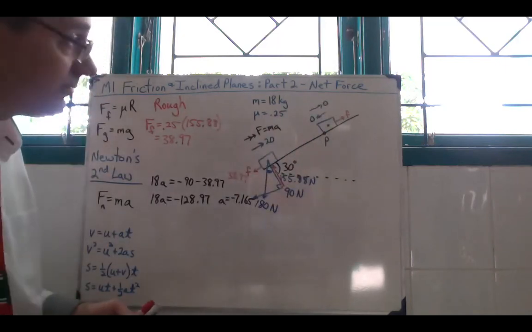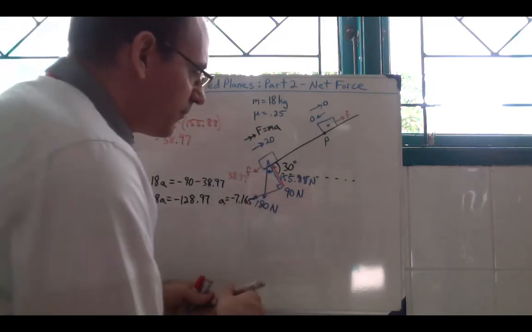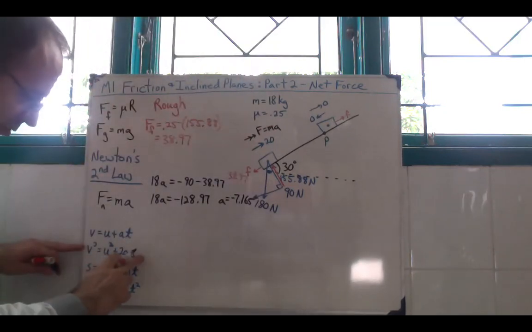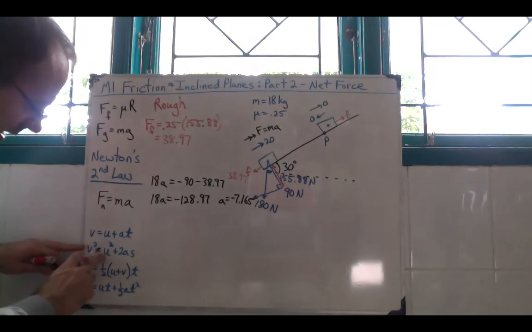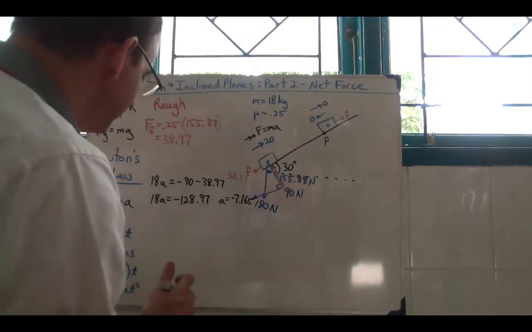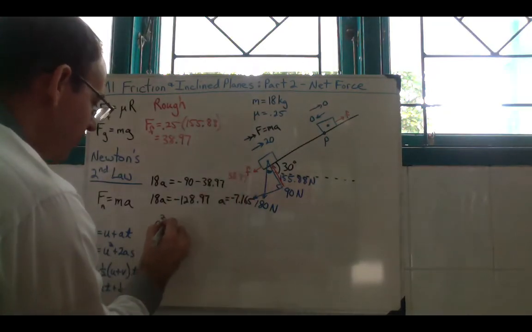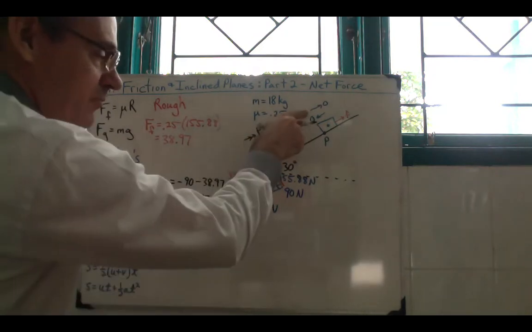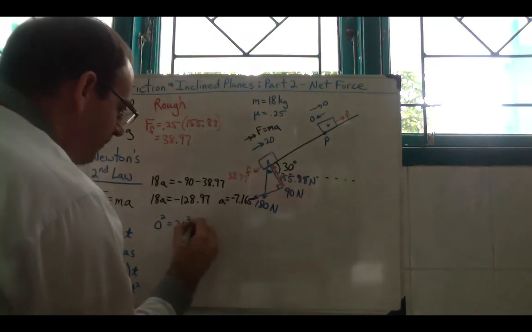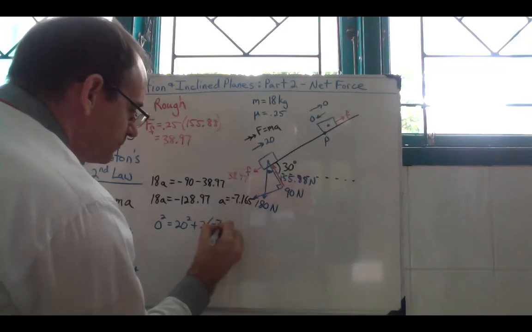So we can figure out the distance through the formula v squared equals u squared plus 2as. Notice we have initial velocity, final velocity, and acceleration, so we can find the distance. So our v squared is going to be 0 squared, the final velocity when it comes to a stop. Initial velocity is 20 squared plus 2 times a. We just calculated a.